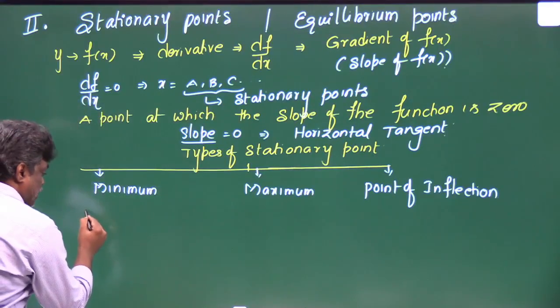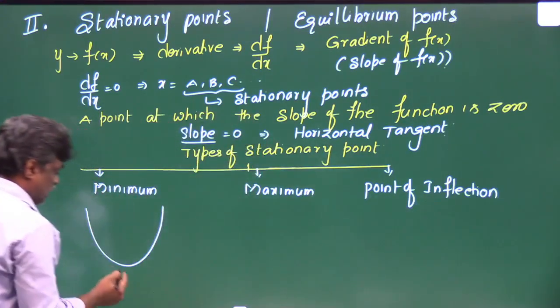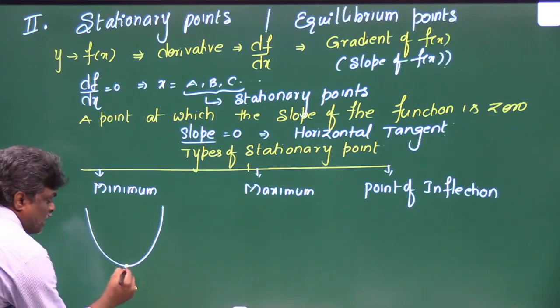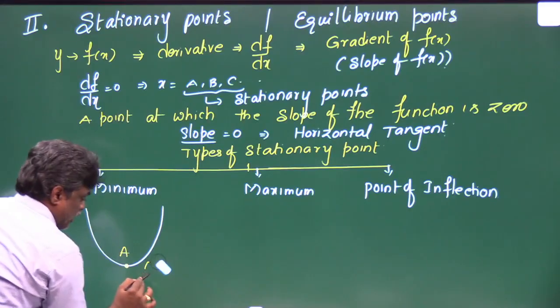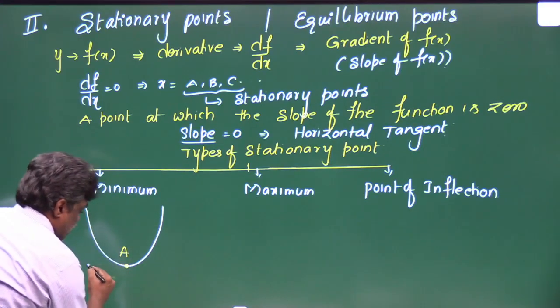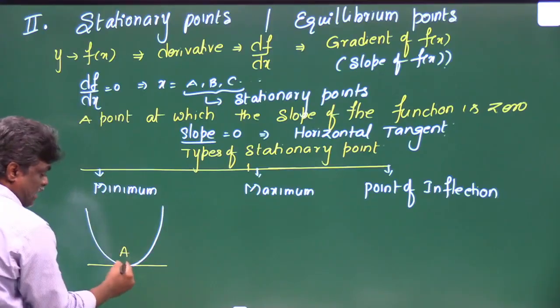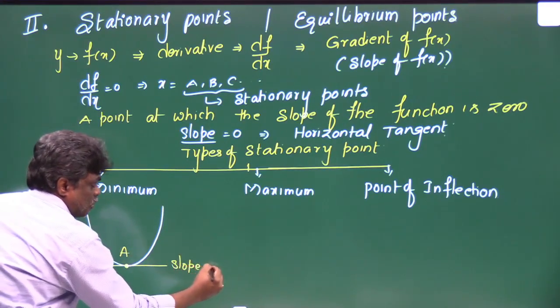For example, if you have a situation like this, let us say this is the point A. At this point I have a horizontal slope, or the slope of the curve at x equal to A is 0.